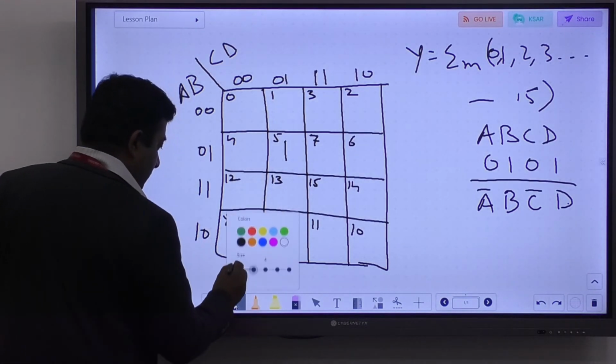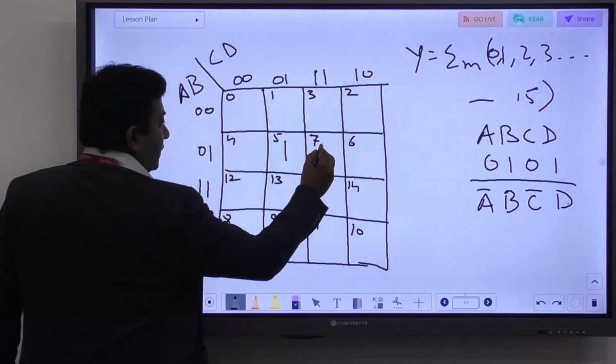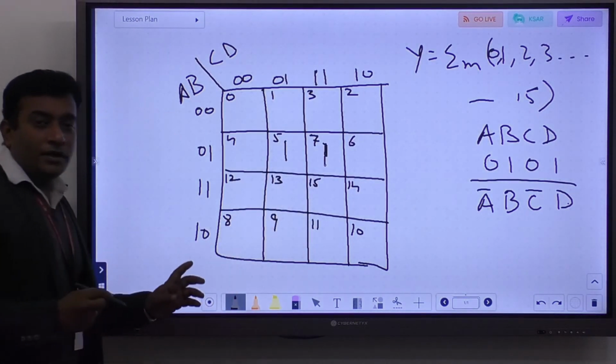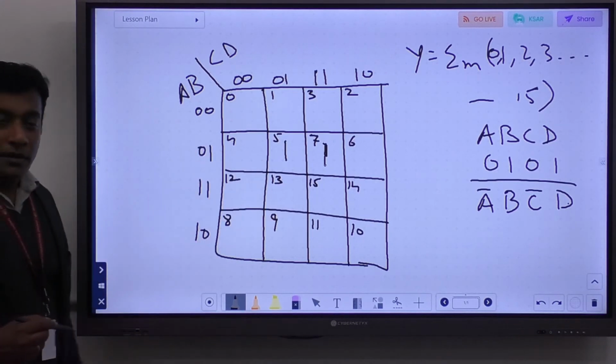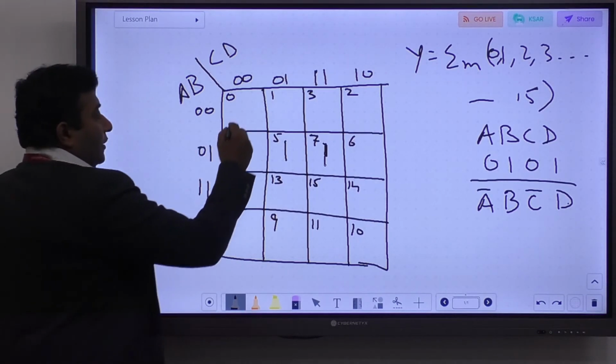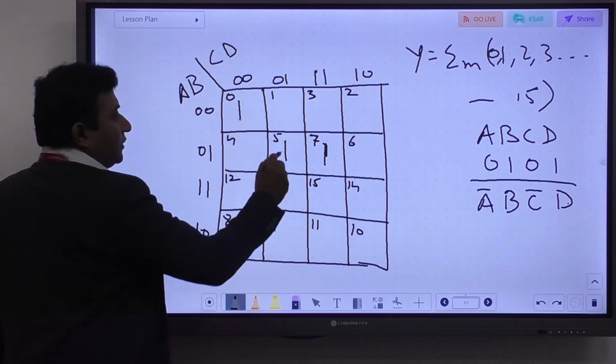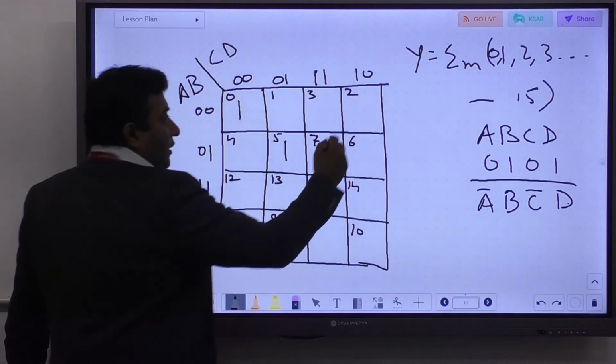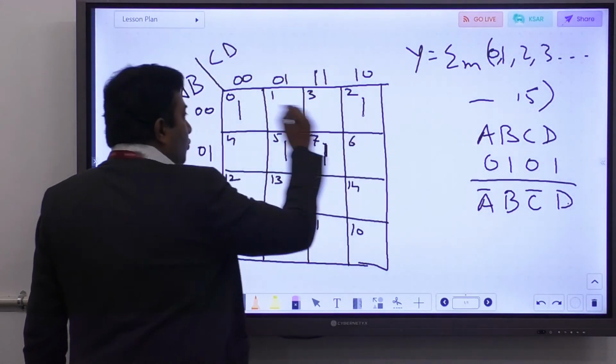Okay, but again in this case, if there is another min term over here, what we can do is we can generate a pair. If there is a min term over here, there would be a pair and this would be a singlet. A min term here would generate 2 pairs.